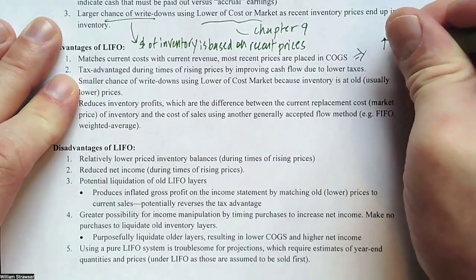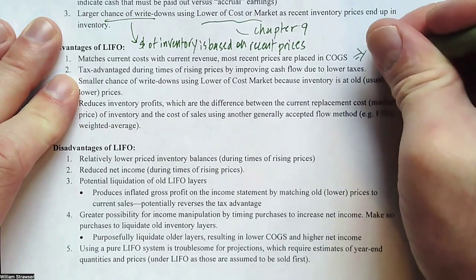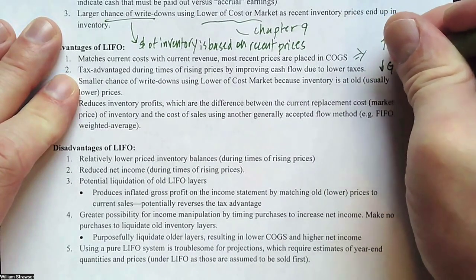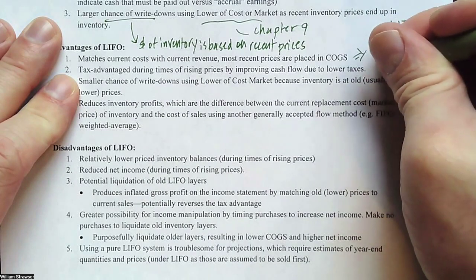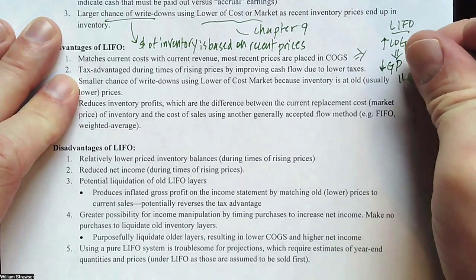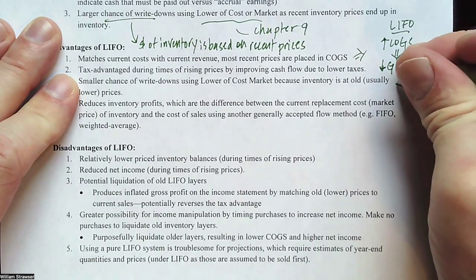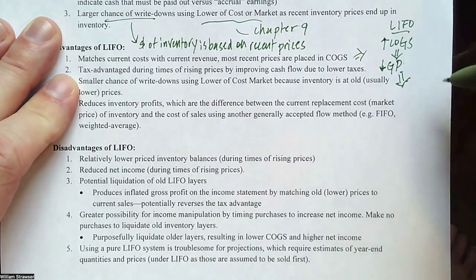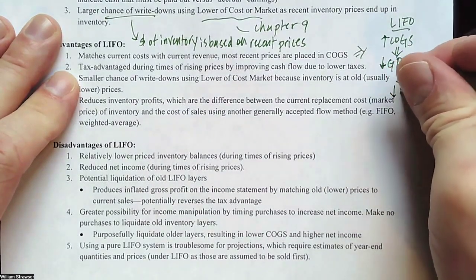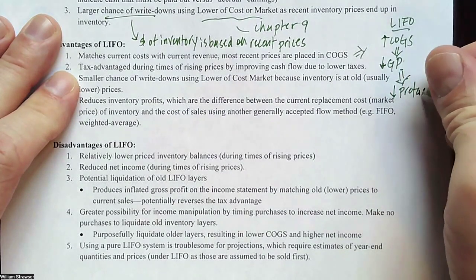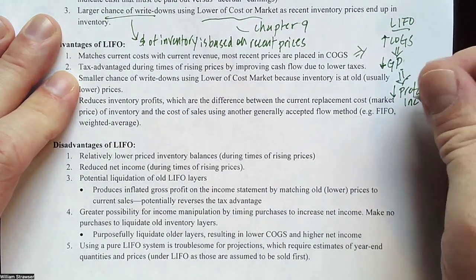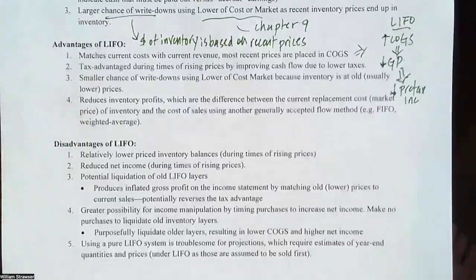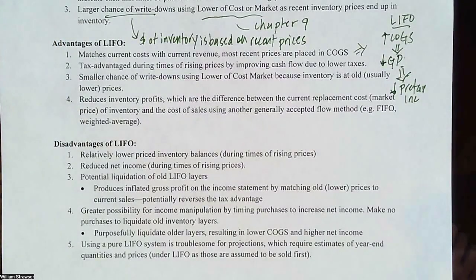And if we increase cost of goods sold, we're going to tend to reduce our gross profit. And of course, we have other pieces that enter in, but eventually, because we're working from a lesser gross profit, we're going to have lesser pre-tax income, which gives me a boost in recognizing fewer taxes.